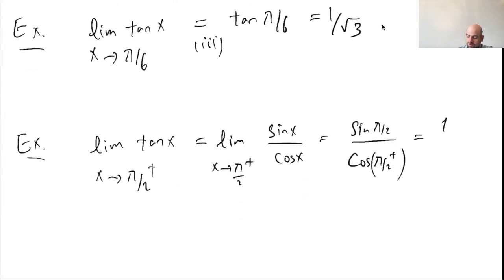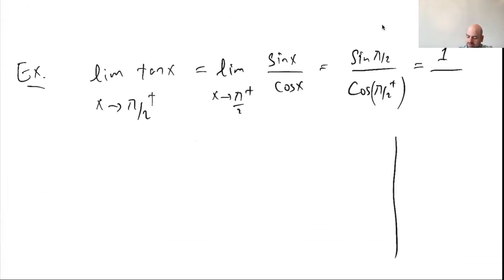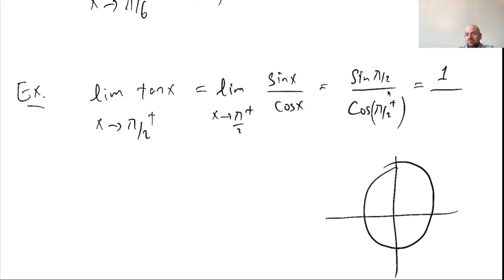which is 1 over, okay, what is cos pi half plus? So let me draw the unit circle. Remember, last time we established that if we have, for example, cos pi half plus, and cos pi half is 0, it does not mean that cos pi half plus is 0 plus, because this plus here just means x is a little bit bigger than pi half.